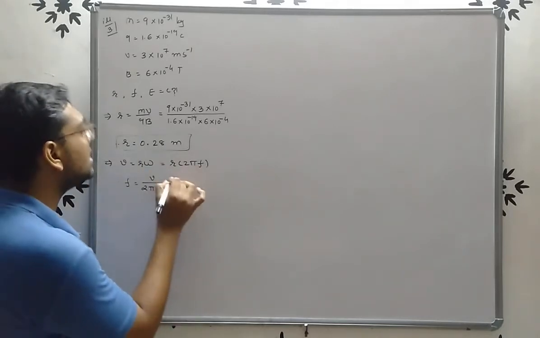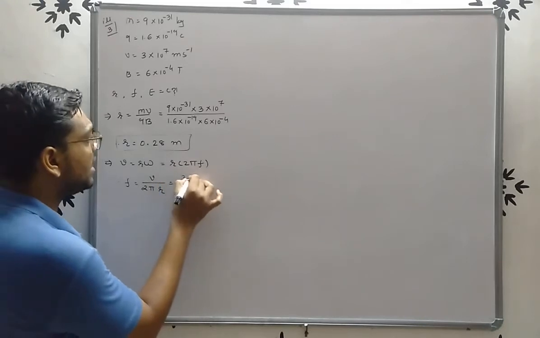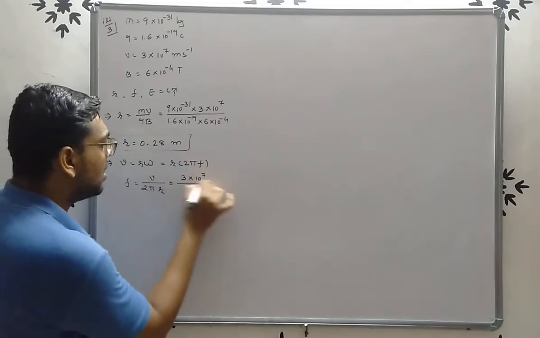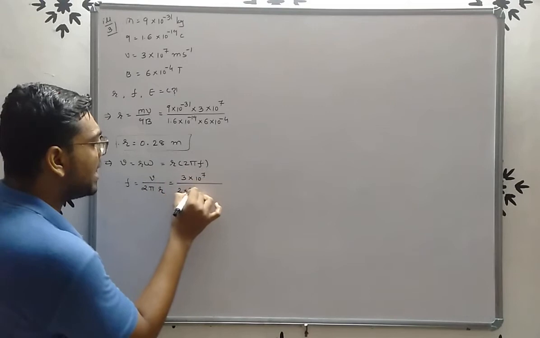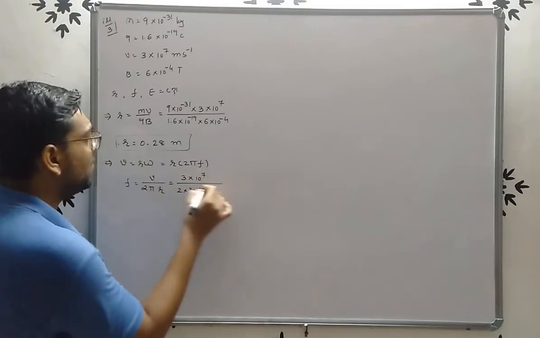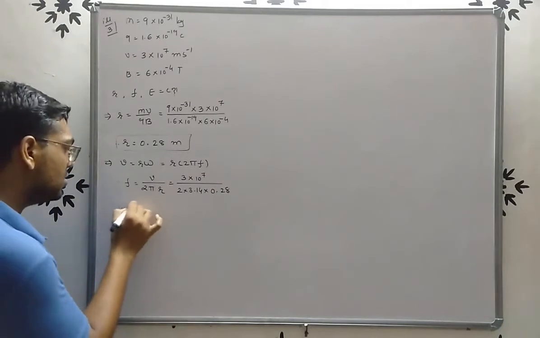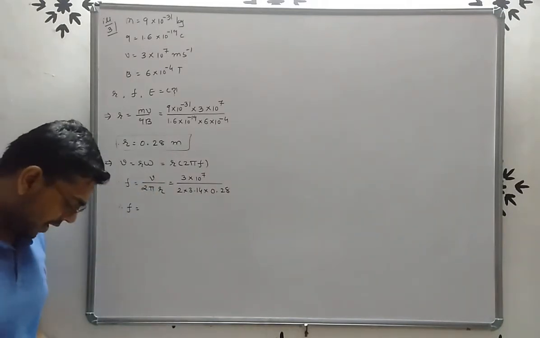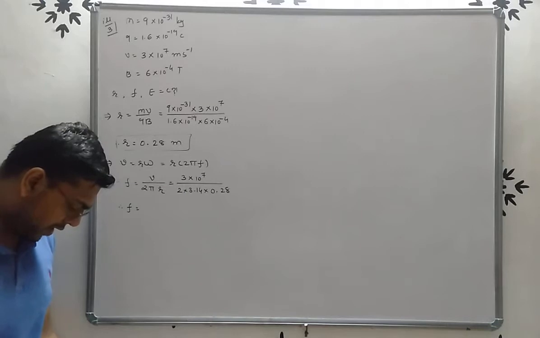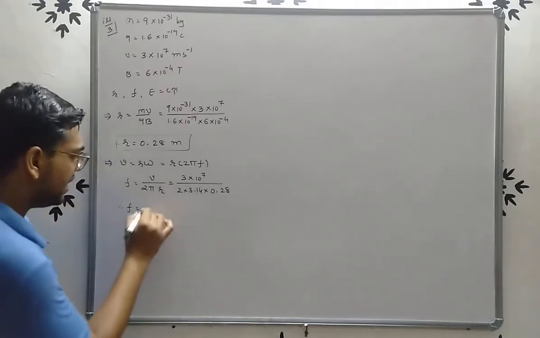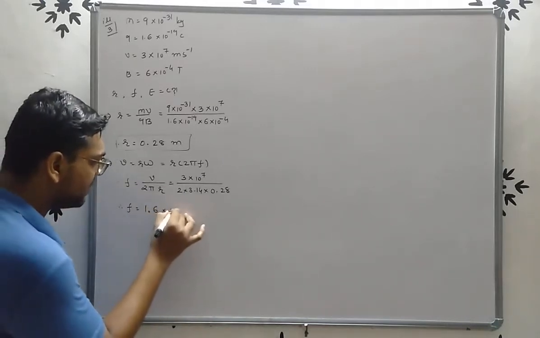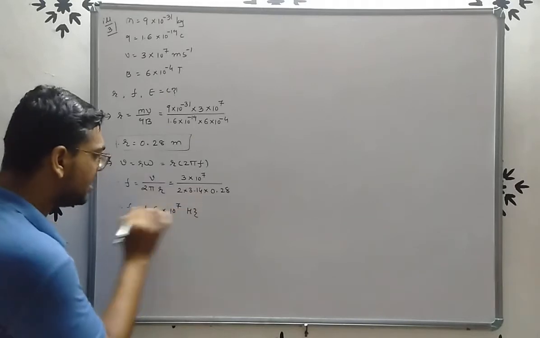Here velocity v is 3 × 10^7 upon 2, value of pi 3.14, value of r 0.28, right? If you solve this, then you get frequency f as 1.6 × 10^7 hertz, right?